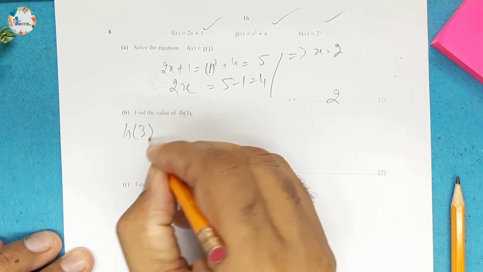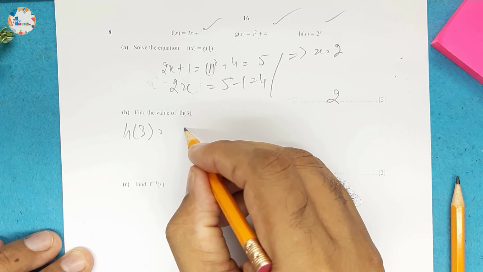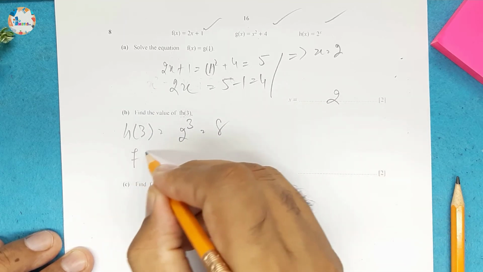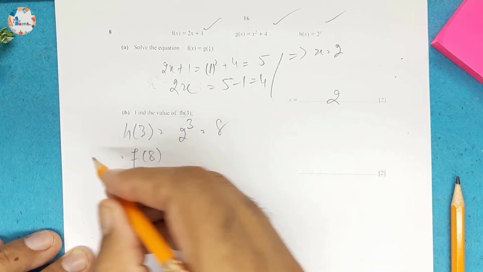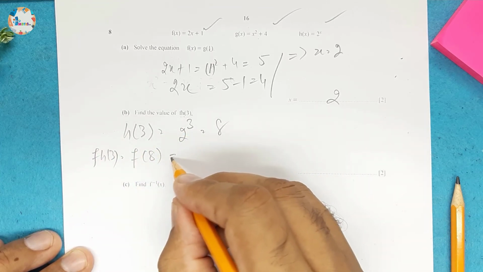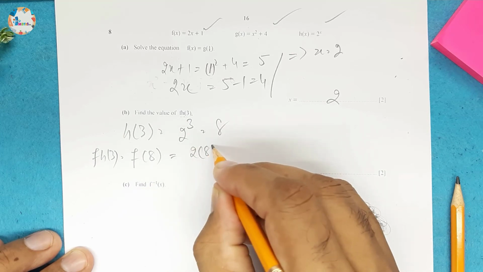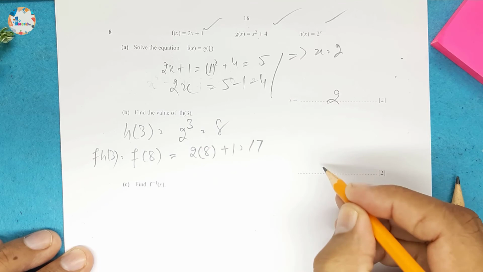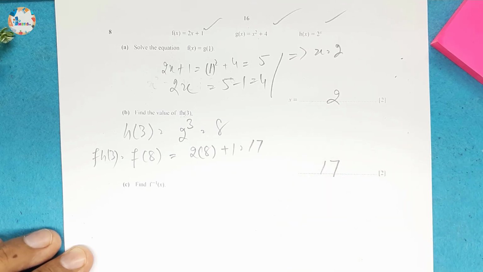So h of 3 will be equal to 2 raised to the power 3, which is equal to 8. Now f of h of 3 is f of 8, which is equal to 2 into 8 plus 1, which is 16 plus 1, which is 17. So 17 will be our final answer.